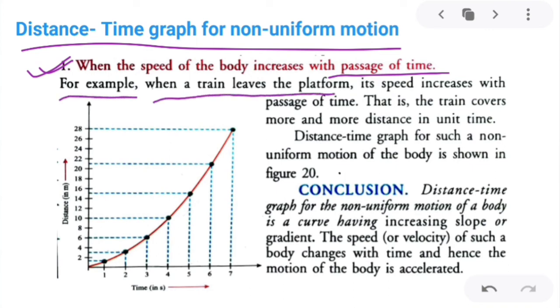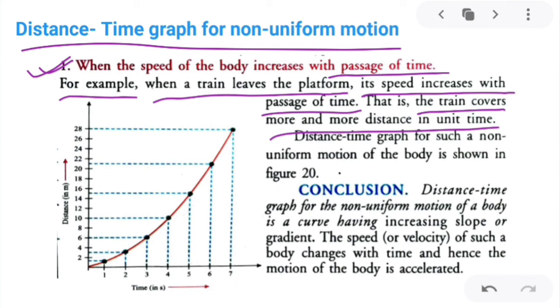When a train leaves the platform, its speed increases with the passage of time. That is, the train covers more and more distance in unit time. When the train starts, it leaves the platform slowly, then it picks up speed, and its speed increases gradually.